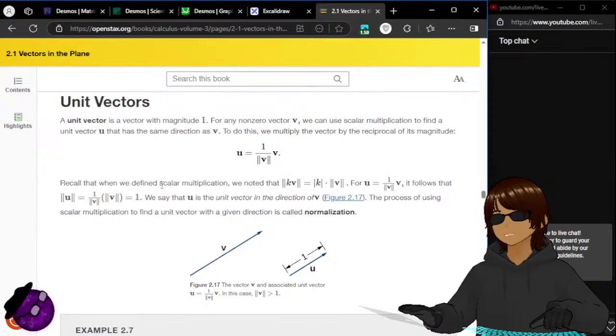Recall that when we define scalar multiplication, we noted that kv is the same as k times v. For u, it follows that the magnitude of u is 1. We say that u is a unit vector in the direction of v.